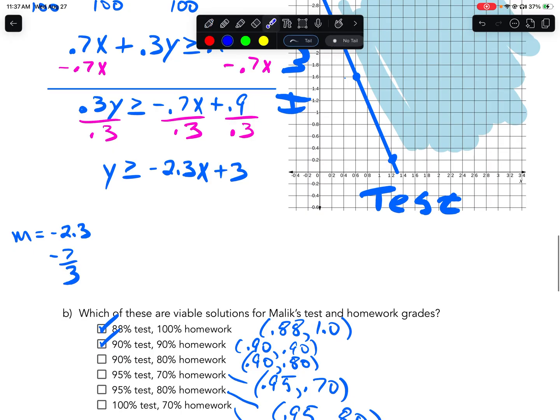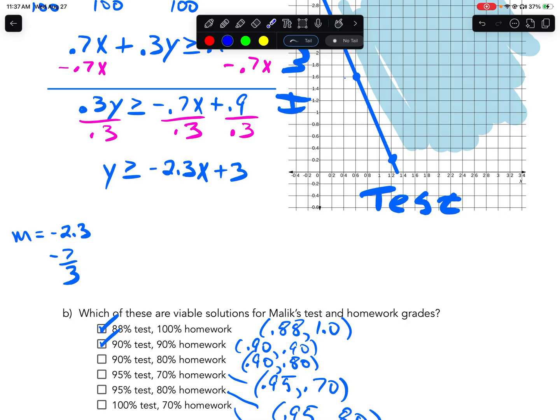So if I do 0.9 on test and 0.8 on homework, I'm going to be just off that line. If I go 0.95 on test, so I'm really close to the 1, and then 0.7 on homework, right in the middle of this box, I think I'm just off the line as well.